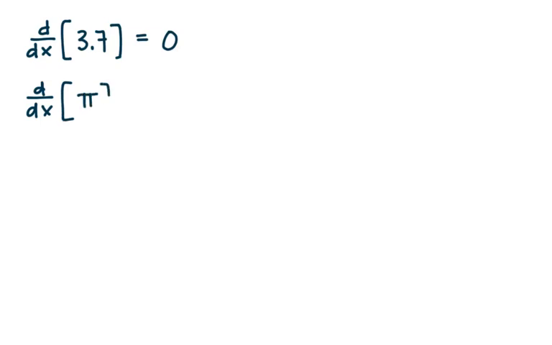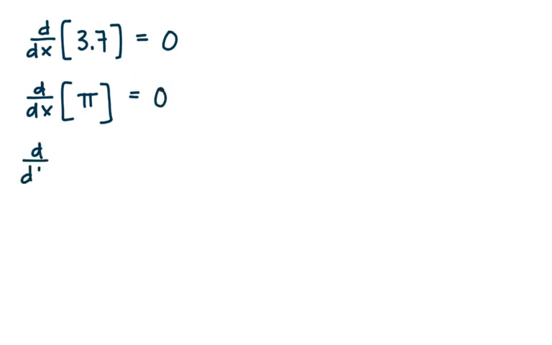If I asked you to take the derivative with respect to x of any number, say 3.7, that is a constant. The derivative of a constant is 0. The derivative with respect to x of pi is a constant number. It's an irrational number, but it's a constant, so 0.